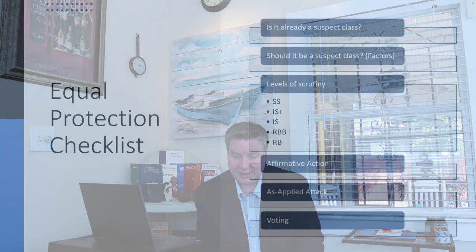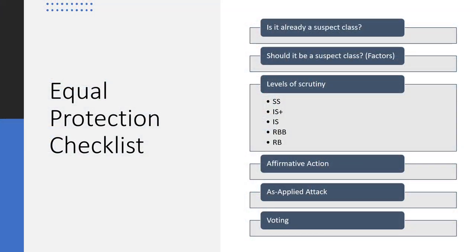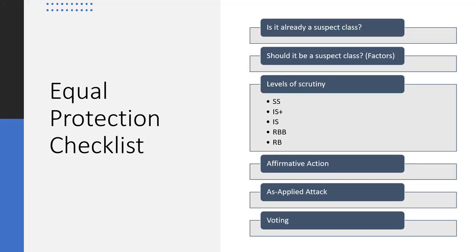Next up on our list of things you want to understand very well under the Equal Protection Clause is your as-applied attack. Because there are plenty of fact patterns where you're going to see that on its face, a law or policy seems to target a group that is not a suspect or quasi-suspect class. But you see statistics in the fact pattern that indicate that a quasi-suspect or a suspect class actually is burdened under the law or policy.